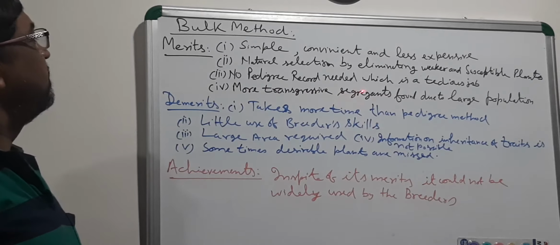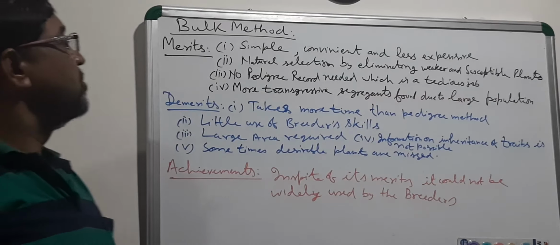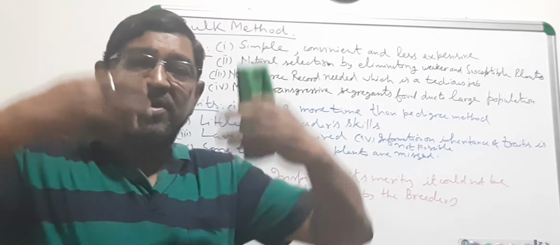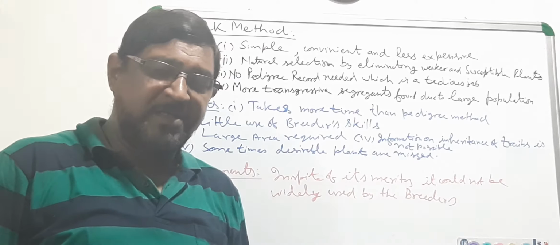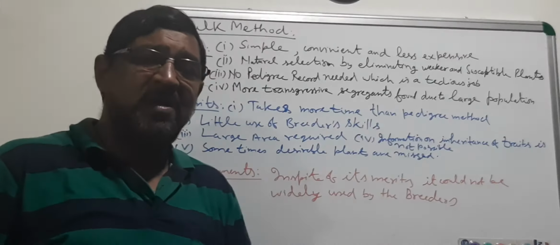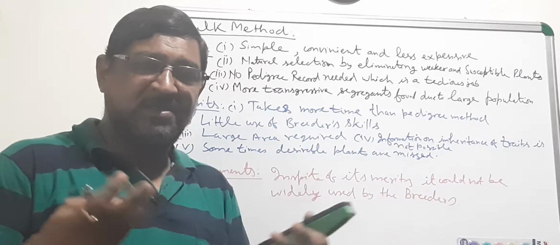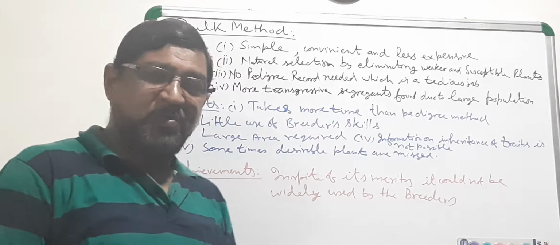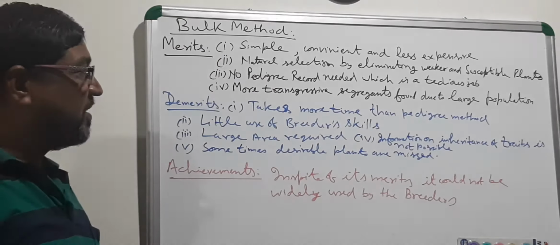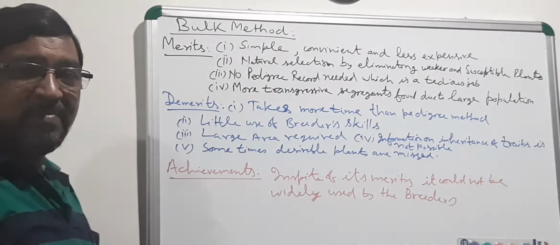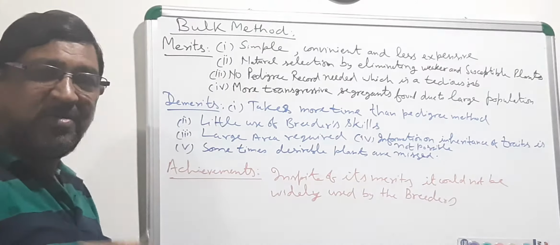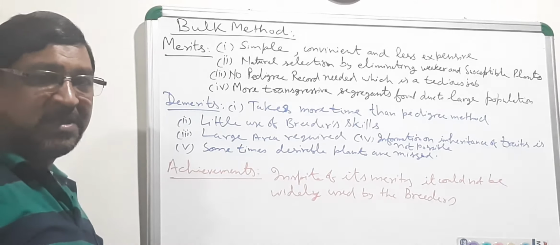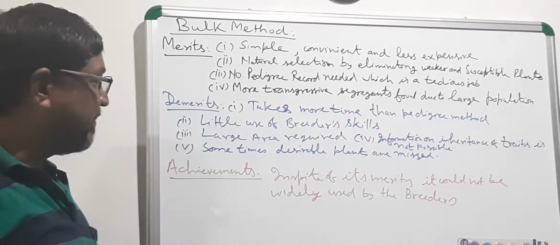More transgressive segregants are found due to the large population. More and more segregating population, large population, more and more transgressive segregants are expected. So it is the plus point, it is the merit of this method that you are going to get more transgressive segregants.